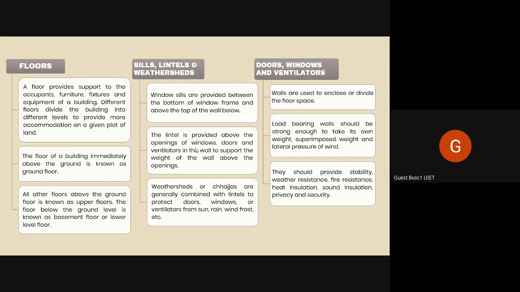But that plinth of the building is actually an upper ground floor, because there is another floor accommodated beneath it, which goes half inside the ground and half above the ground. So that plinth is not on the ground floor, but it is on the upper ground floor.